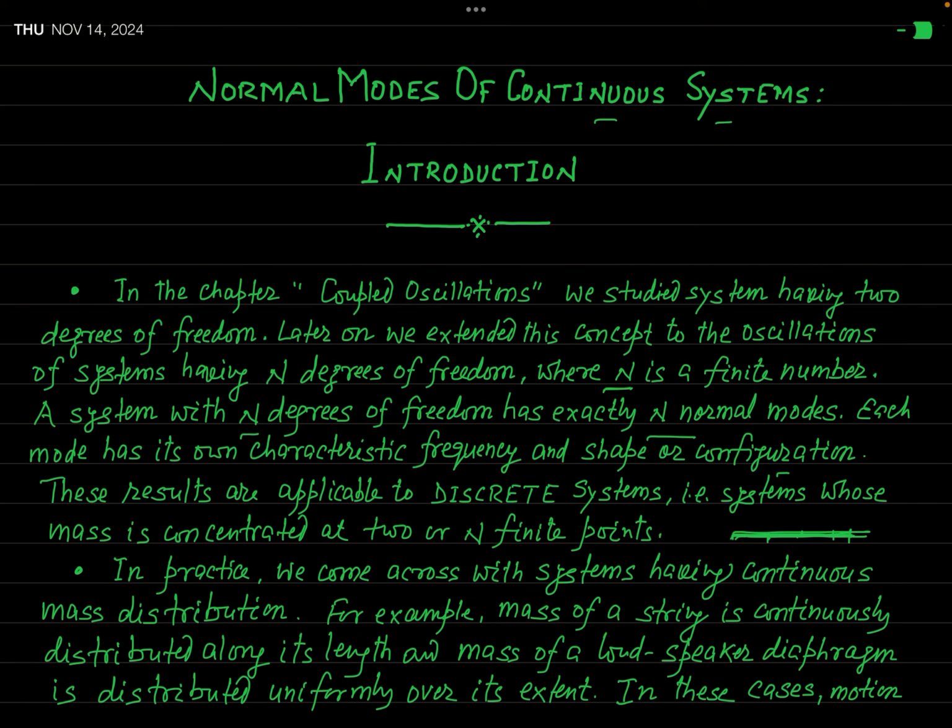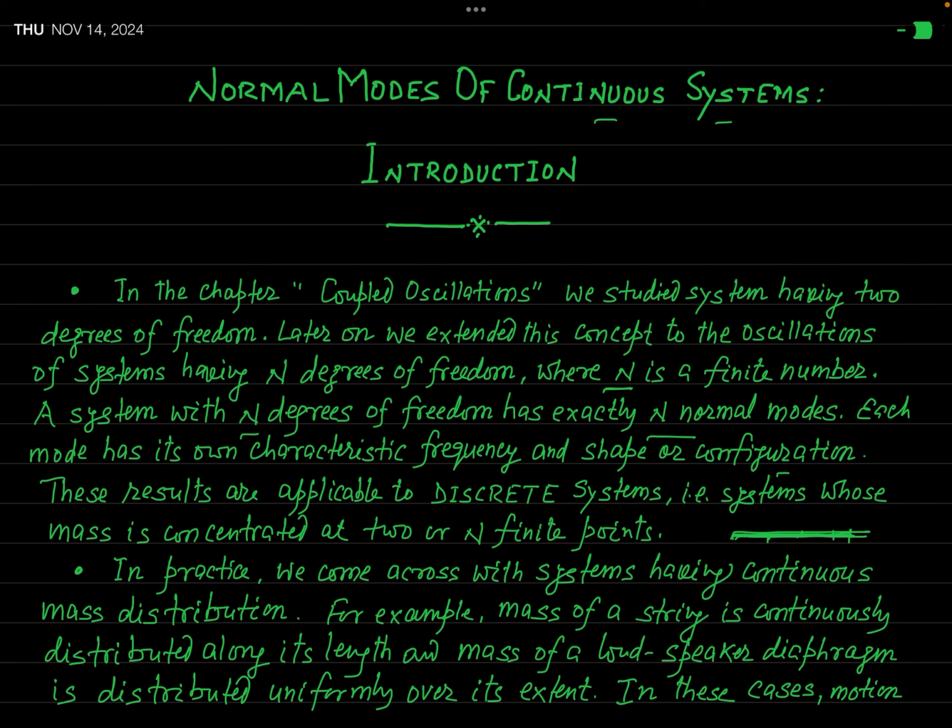and when we talk about such a system, then you will see that there will be an infinite number of equations of motion. Why infinite number of equations of motion? Because there will be an equation of motion for each particle. So if the number of particles is n, then there will be n equations of motion. And if you consider that this n tends to infinity, then you can say that the number of equations will be infinity.